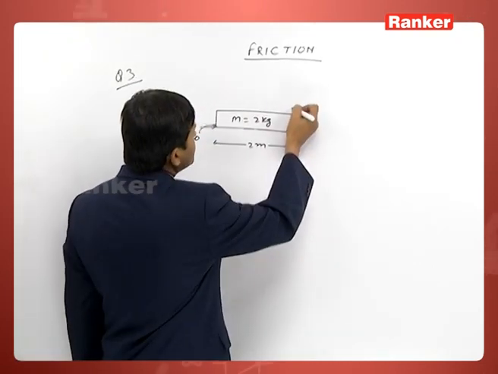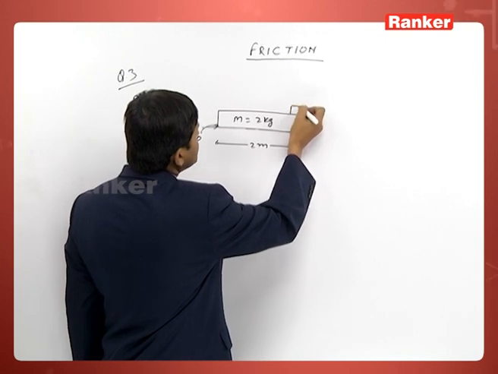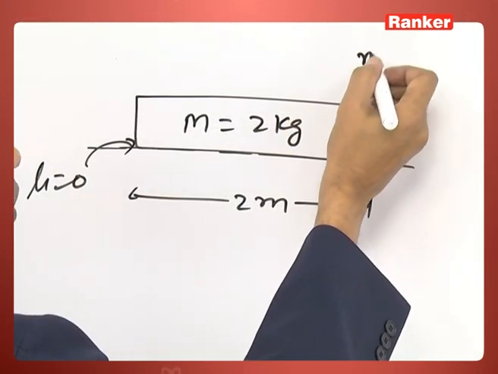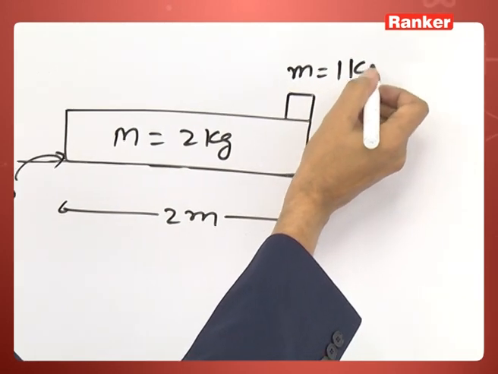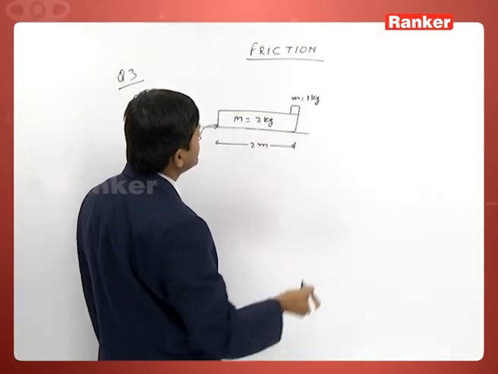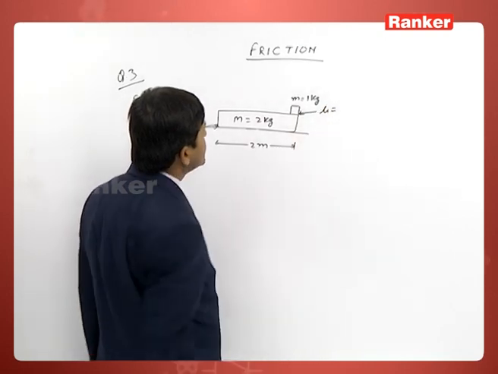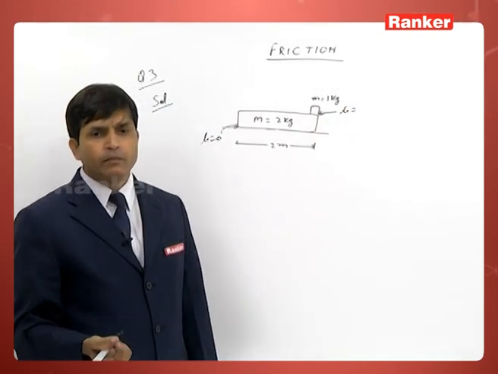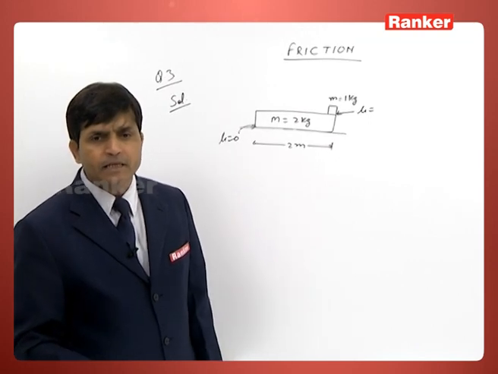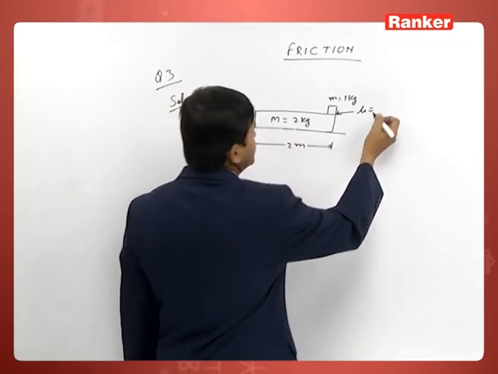Over this plank, a block of mass, let small m, is 1 kg has been placed, and here the friction coefficient between the block and plank is given as 0.5.